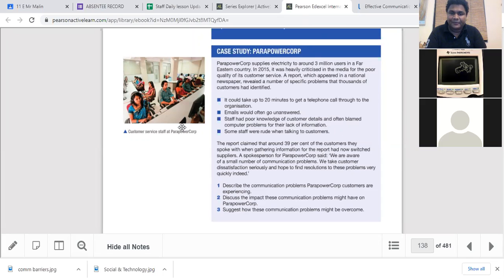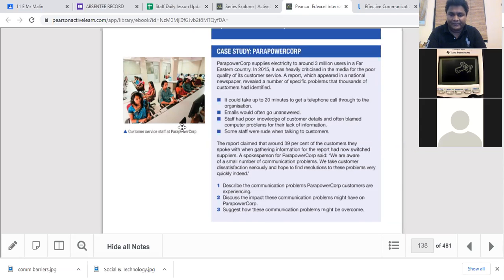Staff had poor knowledge about customer details and often blamed computer problems for lack of information. Sometimes that's a matter of technology because technology is not up to date. Sometimes staff had poor knowledge, which means there is a training problem here.